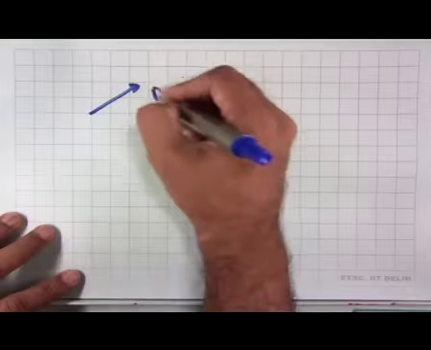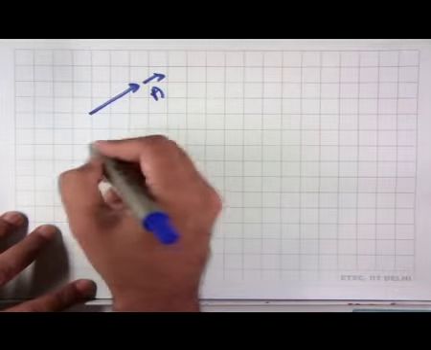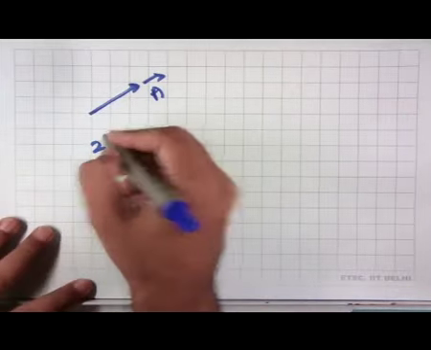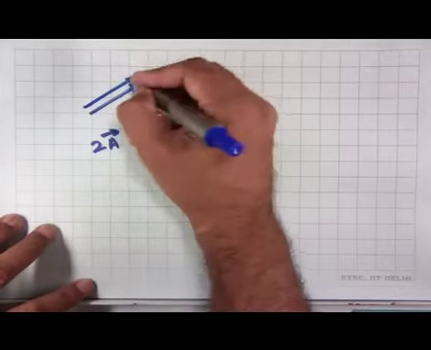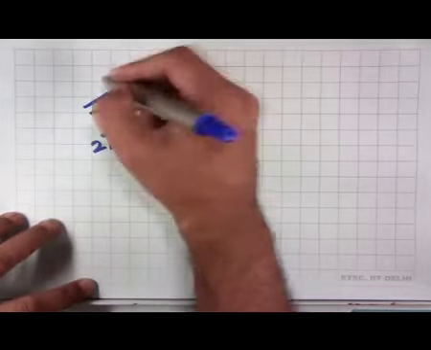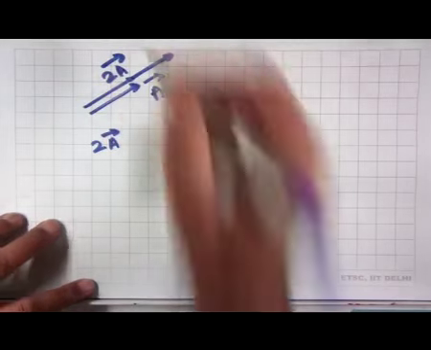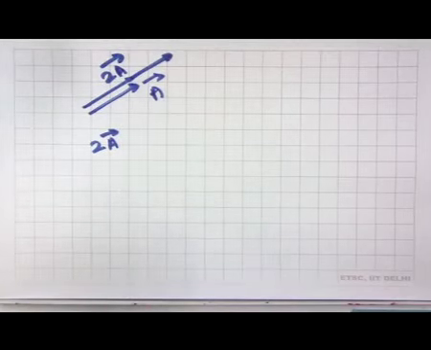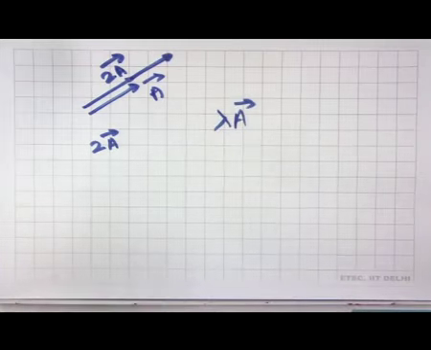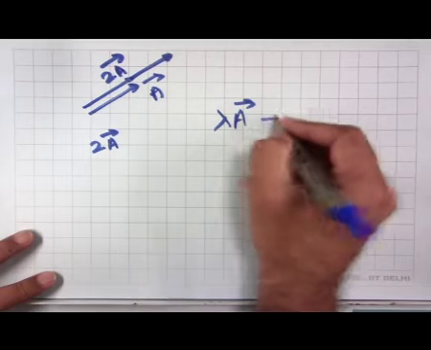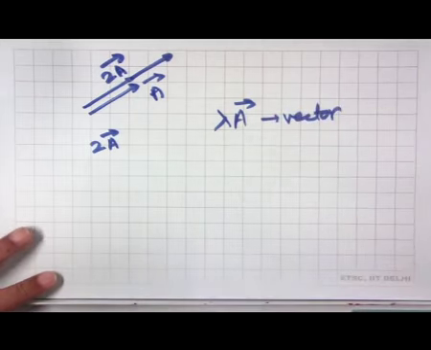Let us look at this with an example. Suppose I have a vector A and I want to write 2A. 2A will be a vector which is twice the length of A in the same direction. So lambda A is another vector in the same direction.